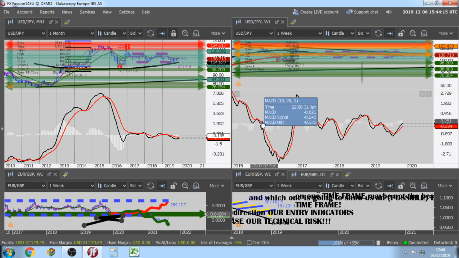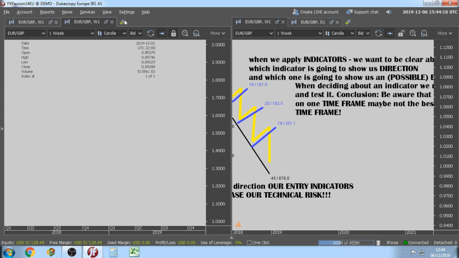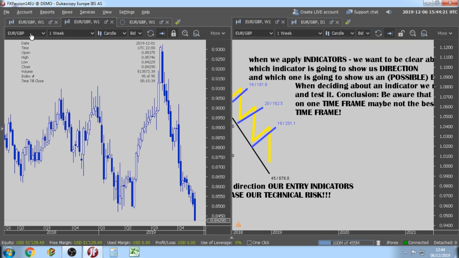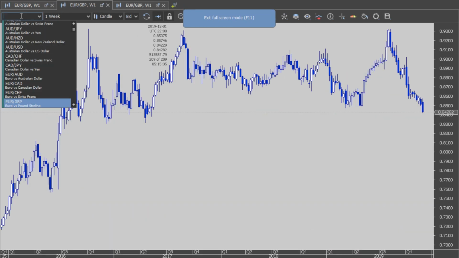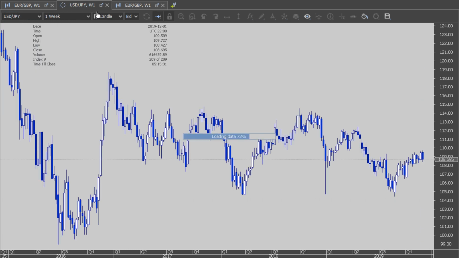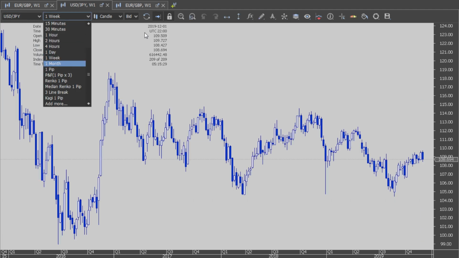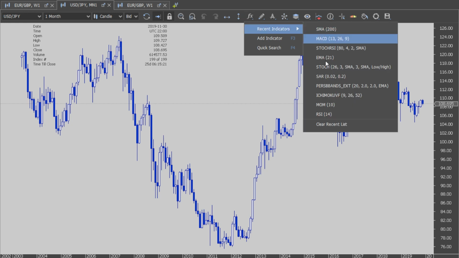Okay, now let's close this. I'm going to open again here and here and full screen. Okay, so USD JPY monthly chart, and add indicator, recent MACD. There you go.